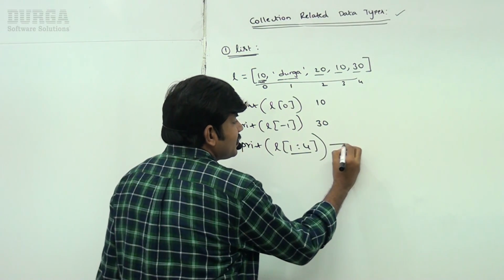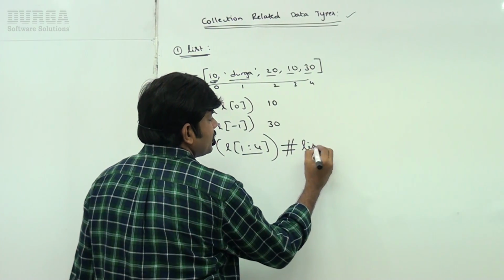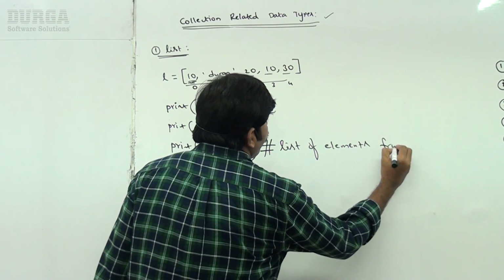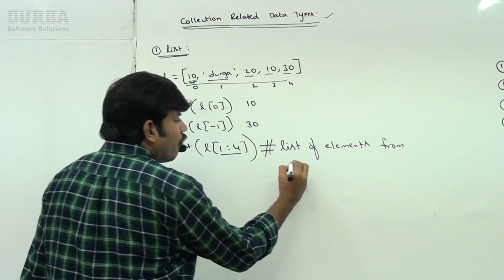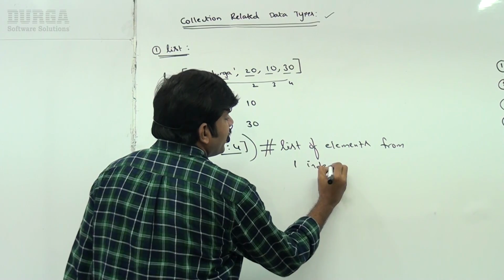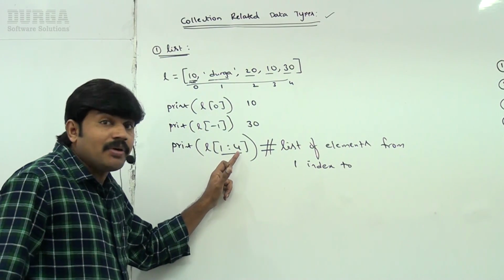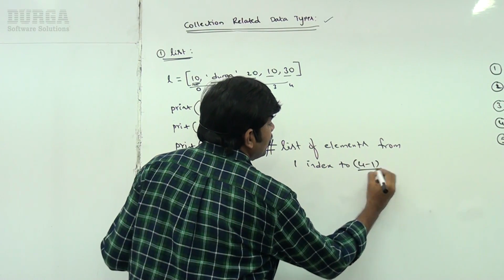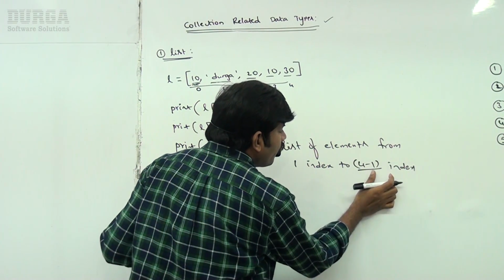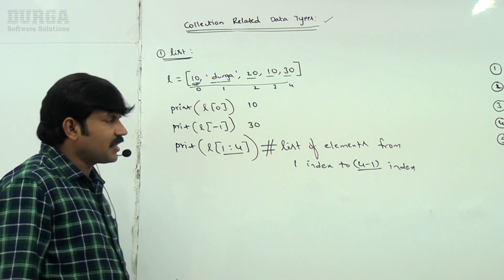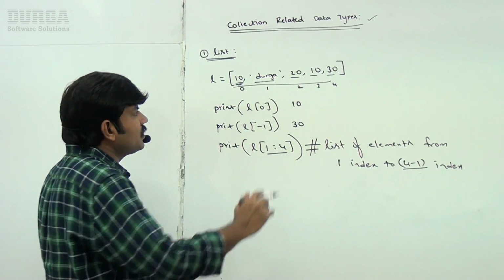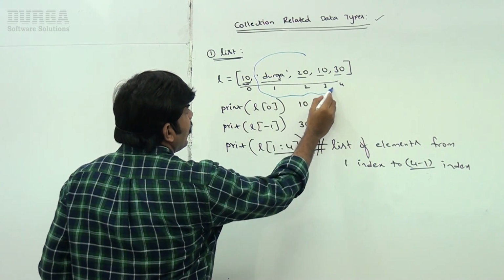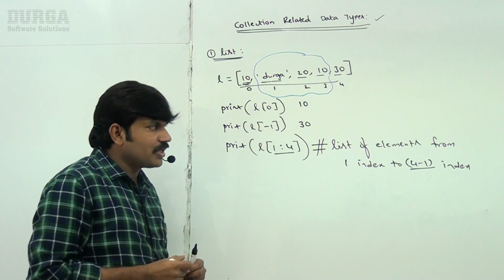It returns a list of elements from the begin index to n minus 1. 4 minus 1 means 3 index, right? So 1 index to 3 index means which values? Durga, 20, 10. This is the value we are going to get.